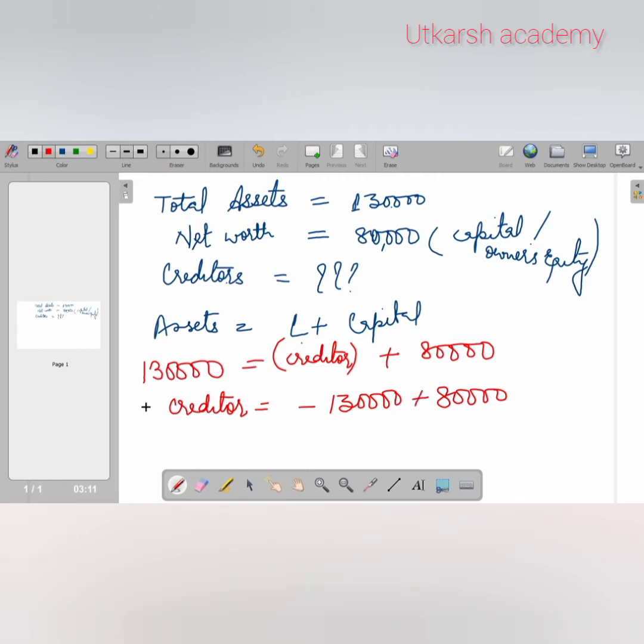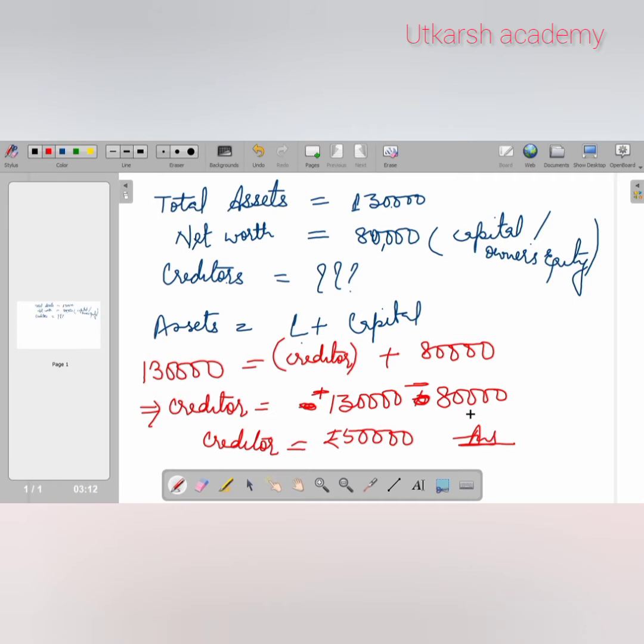This is plus, so it becomes minus. So creditor is 50,000. Fine. Answer.